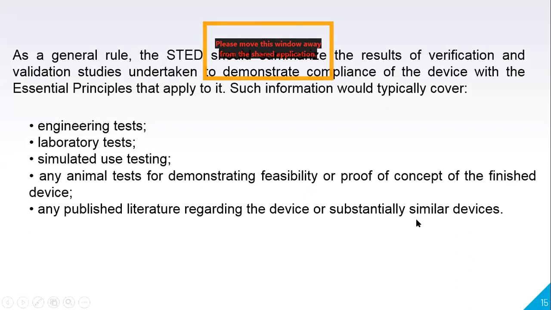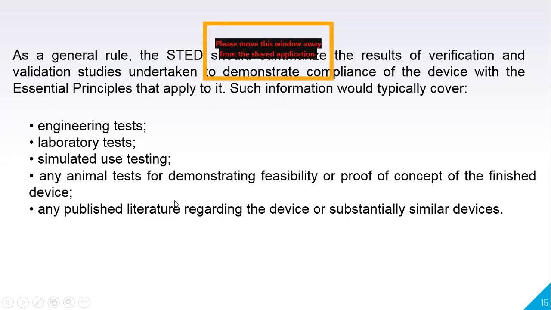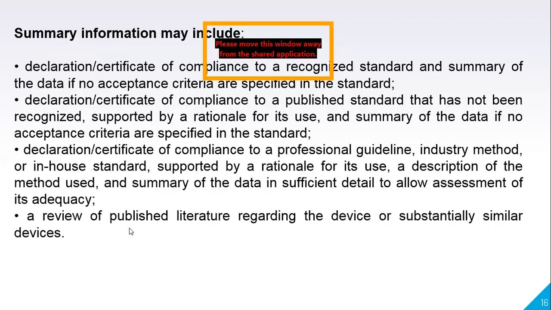All this information has to be given under the heading of verification and validation of this device. Engineering test, laboratory test, simulated use testing, animal test for demonstrating the feasibility or proof of concept of the finished device, or any published literature regarding the safety of the device or similar devices, we have to give.